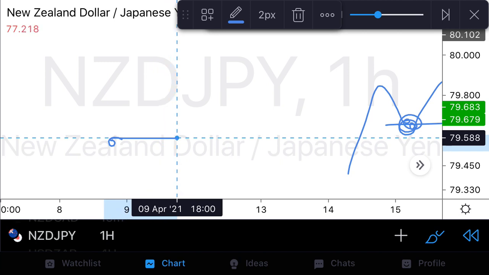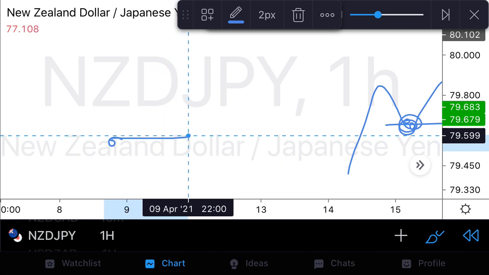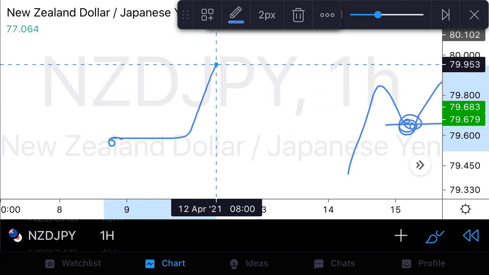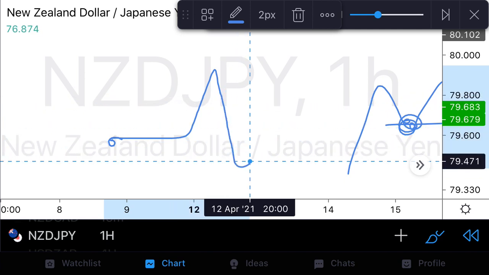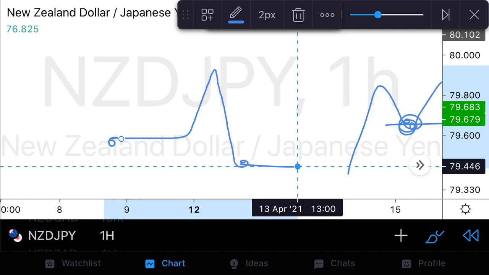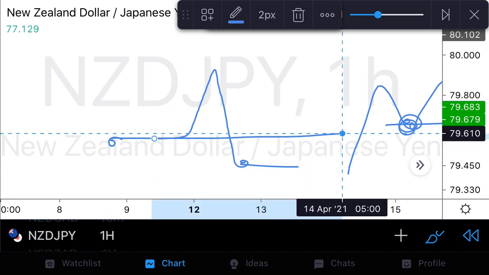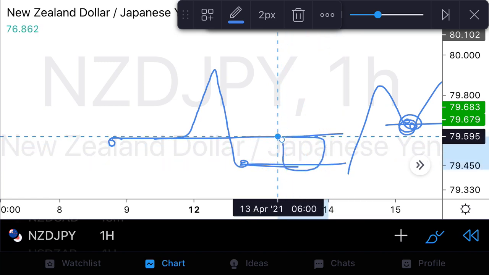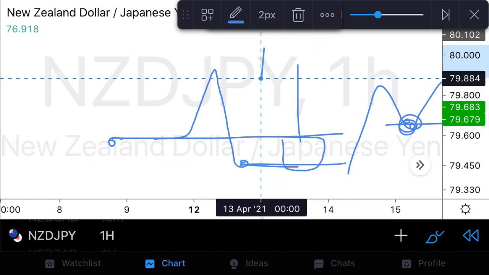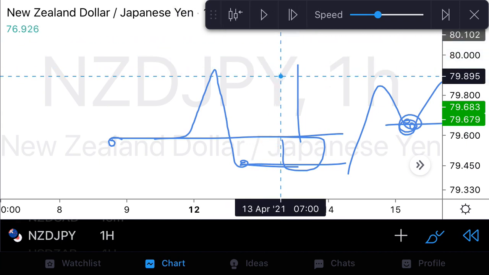We say prices open here, and then prices make a move to the upside, and then prices reject, push lower than they opened, and then prices close lower. So that is a bearish pin bar. If we take the open of this, the close of this, and draw the body of our candlestick, and then draw the wick to denote the high, then we can see that this is a pin bar.